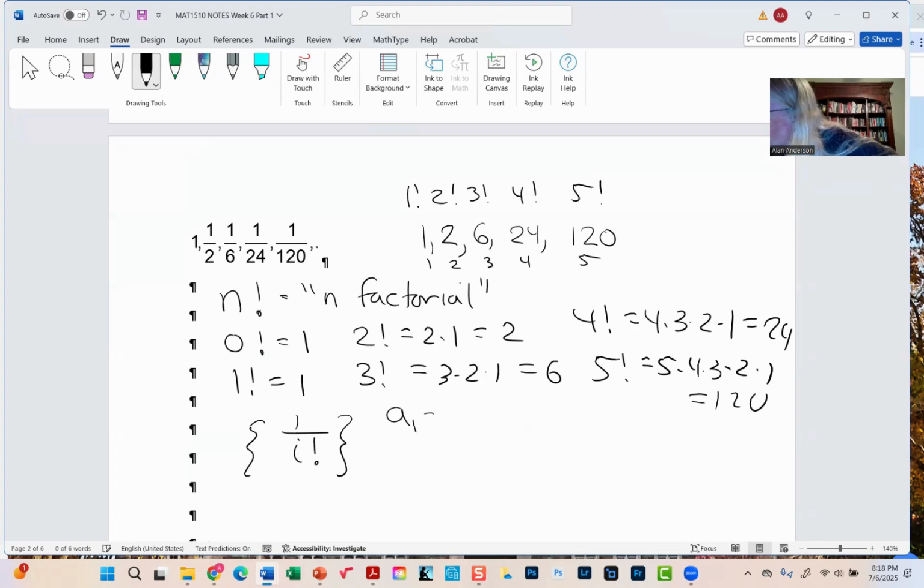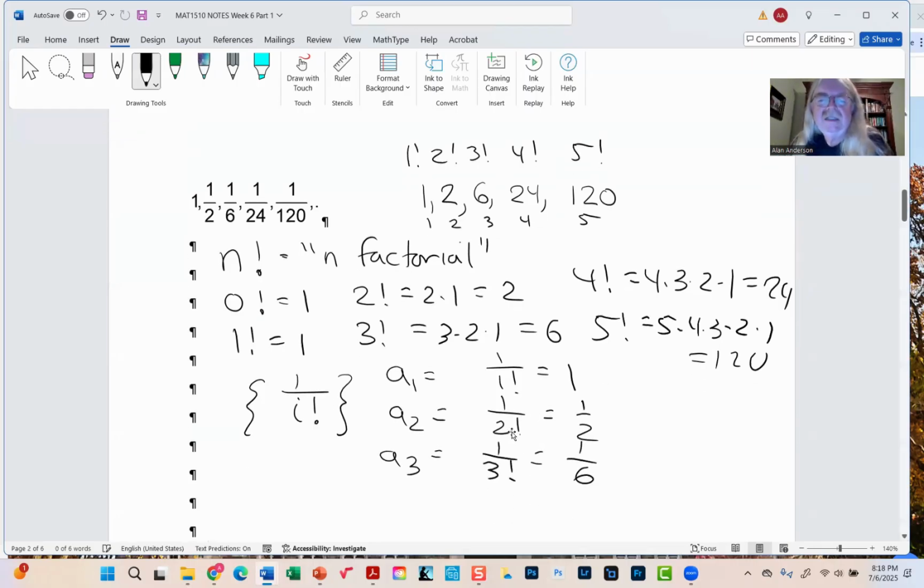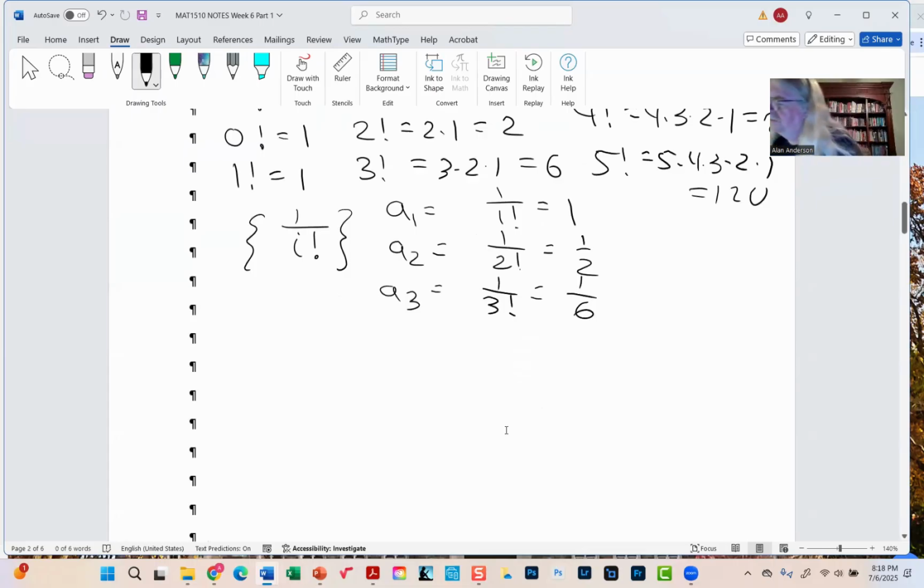So for A1, we have 1 over 1 factorial. For A2, 1 over 2 factorial. A3, 1 over 3 factorial. And you can see it works for all of them. Okay, that was interesting.